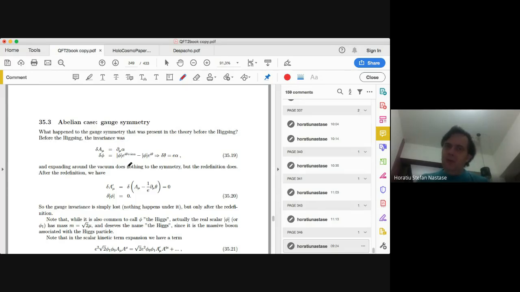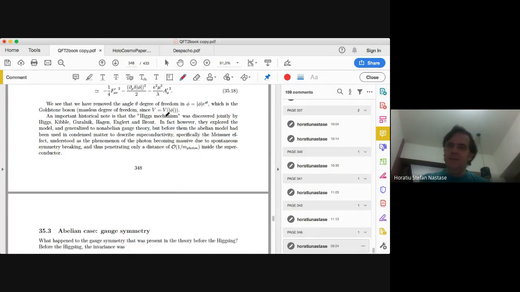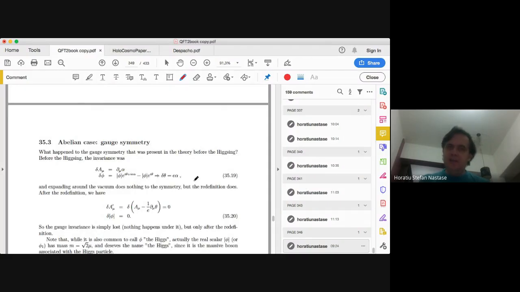However, what happens is that the redefinition, the eating of the Goldstone boson by the vector, that redefinition, A_μ being rewritten as A'_μ plus 1/e ∂_μ θ, does something to the symmetry. Because after the redefinition, δA'_μ is δA_μ minus 1/e δ∂_μ θ.